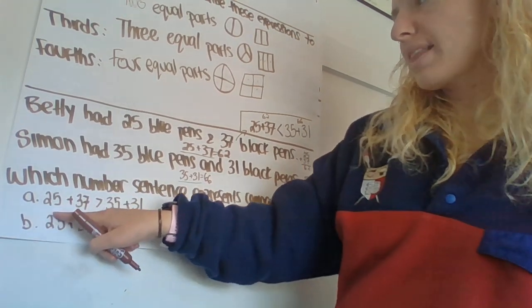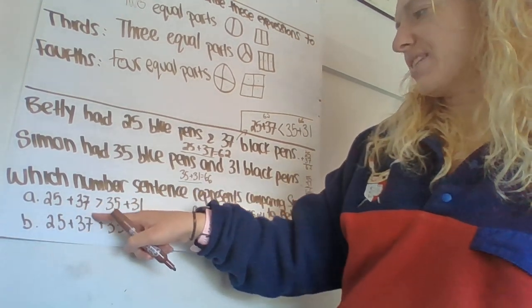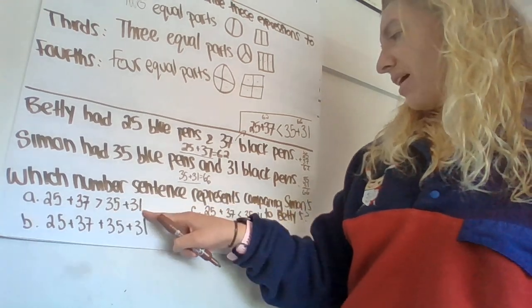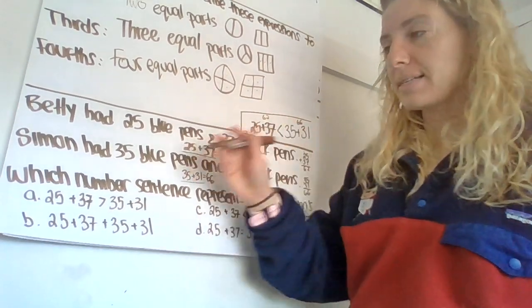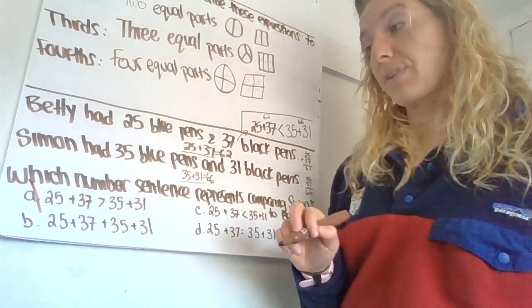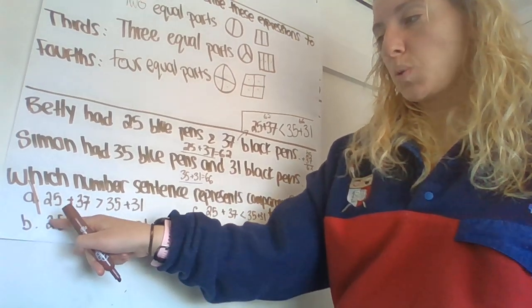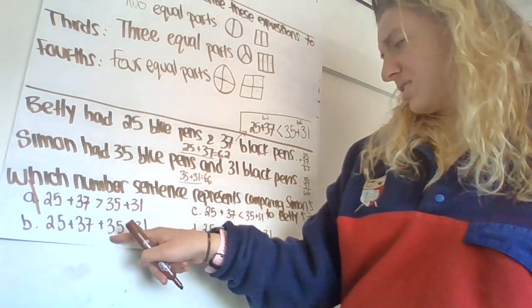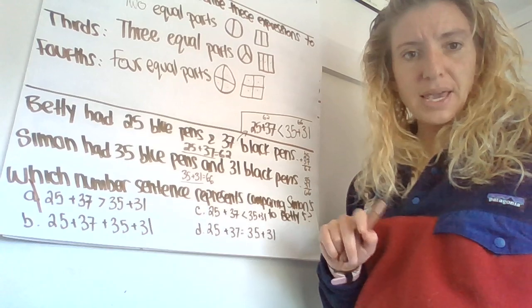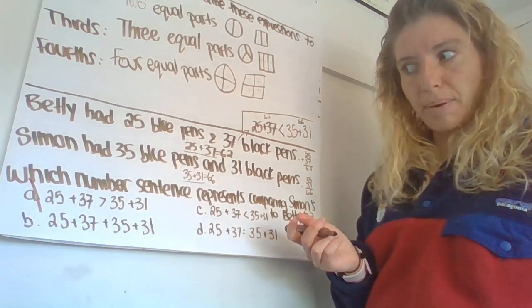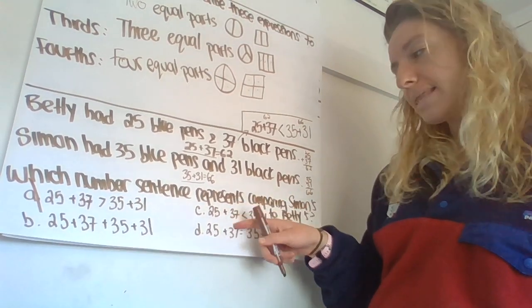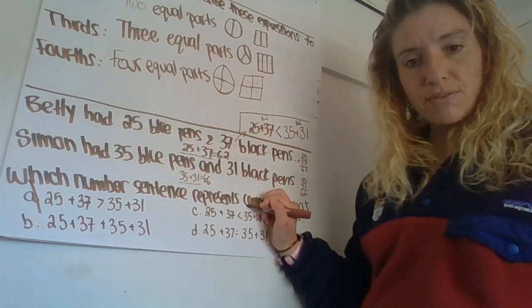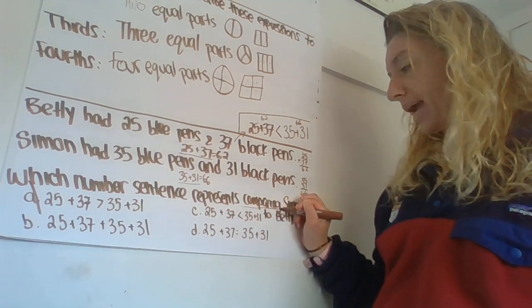All right, this one says 25 plus 37 is greater than 35 plus 31. Well, because I already did the math, I know that is definitely wrong. This one says 25 plus 37 plus 35 plus 31. That would be just a multiple part number sentence where I had to add them all together. But I know that the focus here was comparing.